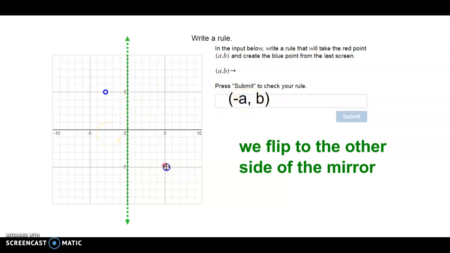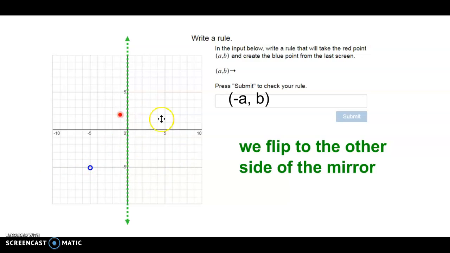So what if this were down here like this, at a 5? Well, then this would be at a -5, and it will be over here, and the b coordinate doesn't change. This is still down at -5, and so that never changes. And so we find no matter where I am, let's go on the other side.